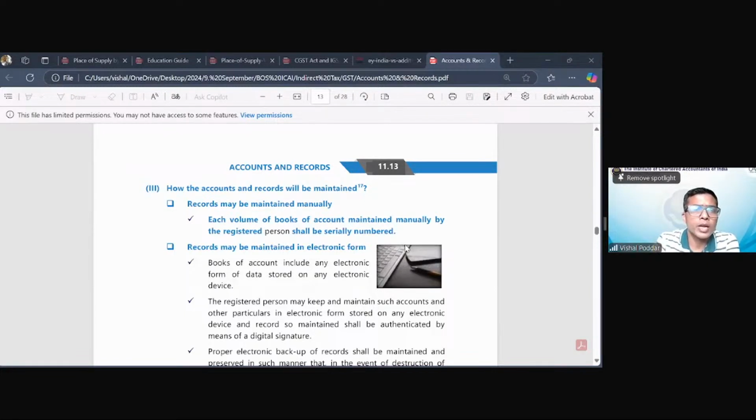Yes, mutatis mutandis means, see, when something is written and I want to repeat the same thing with only a few changes, instead of writing the whole paragraph again, I will say this paragraph is mutatis mutandis to the previous paragraph, which means this paragraph is the same. First, mutatis means same. Mutandis means with necessary changes.